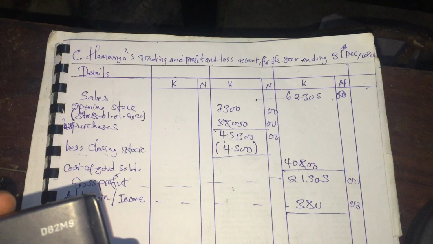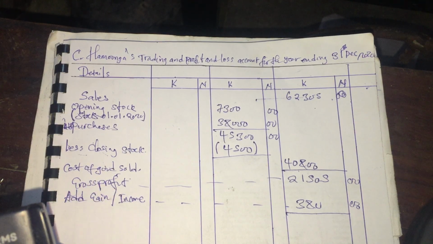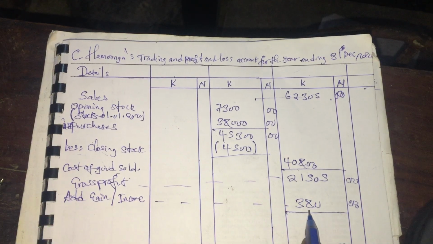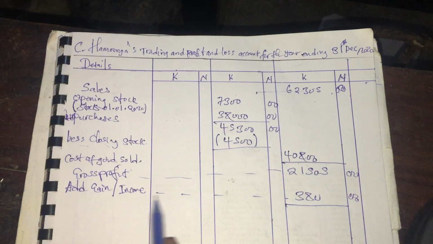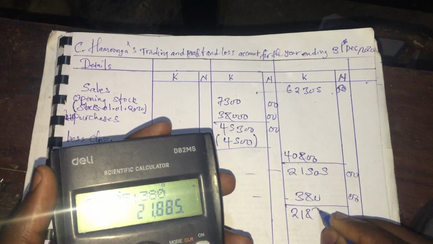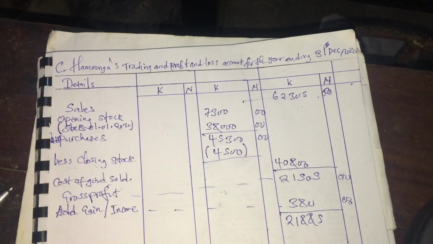Wait, 21,505 plus 380. We are going to add here, sorry, not substituting, since here it says add gains. So the amount here is 21,885. Upon indicating this amount, we are going to move to our GARRAY.